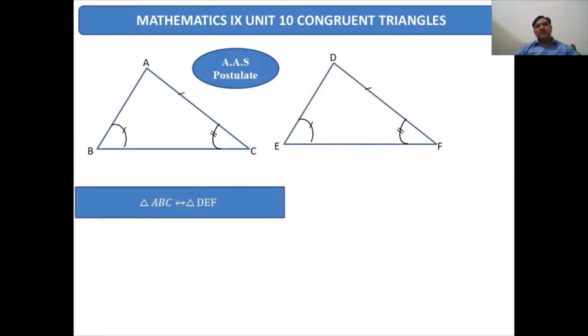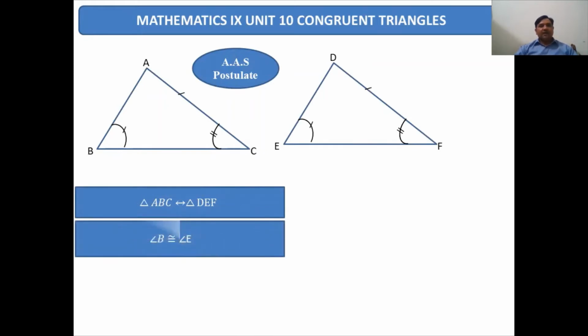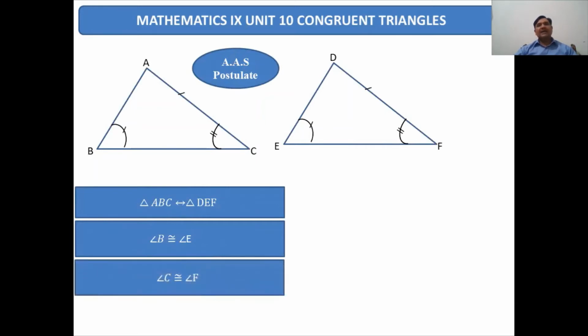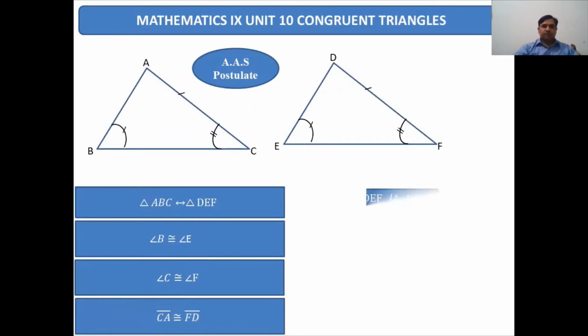In correspondence between triangle ABC and triangle DEF, the angle B is congruent with angle E. Angle C is congruent with angle F, and the side CA is congruent with side FD. So triangle ABC is congruent with triangle DEF by angle side postulate.